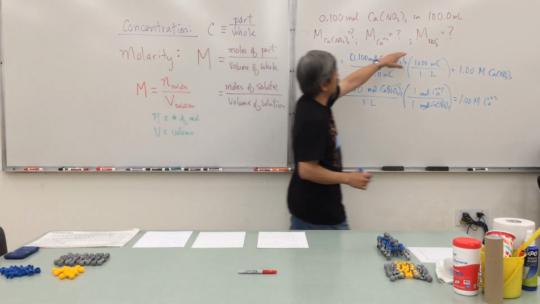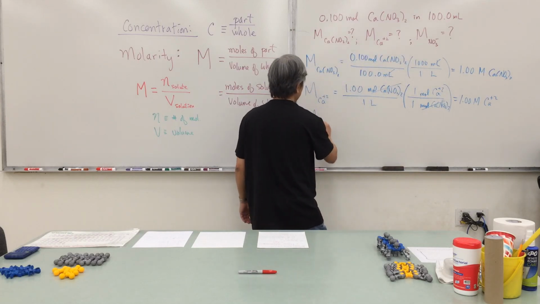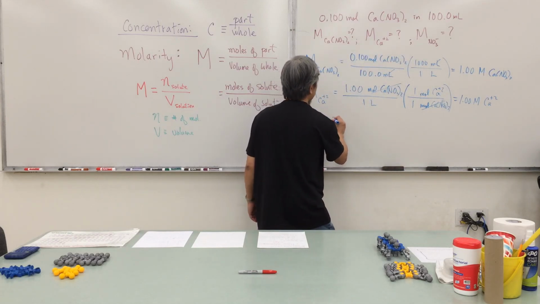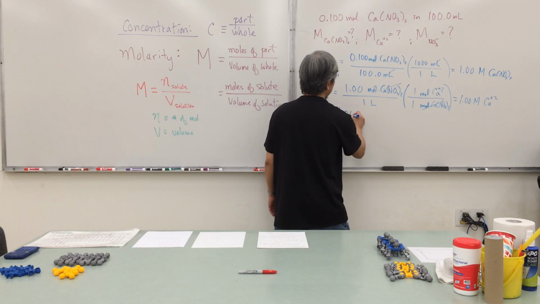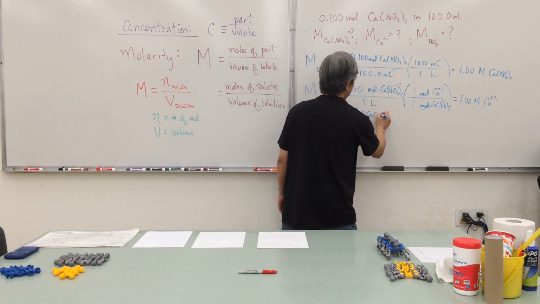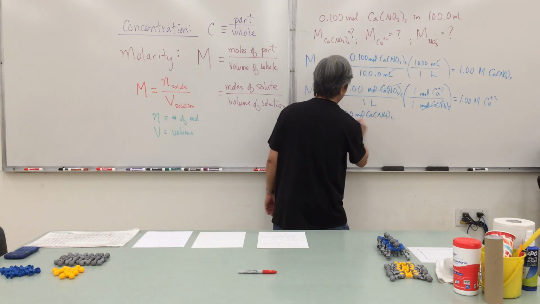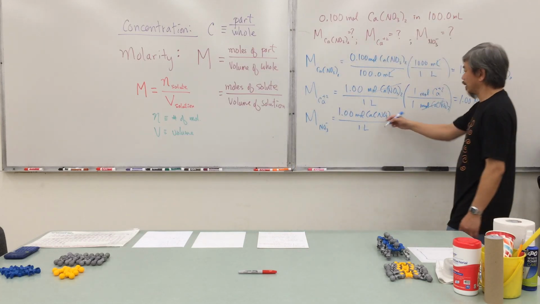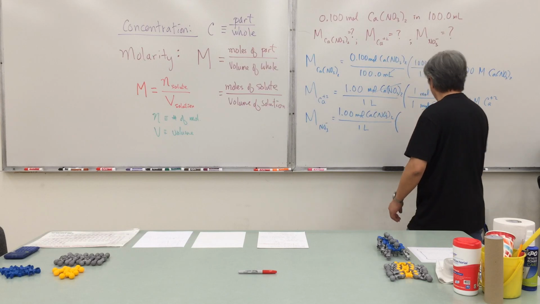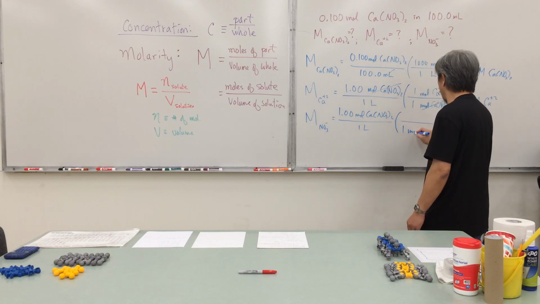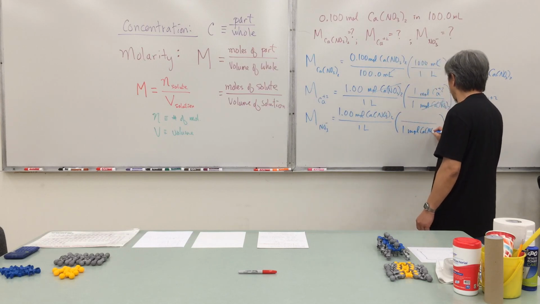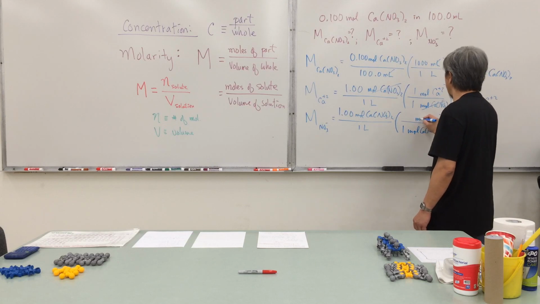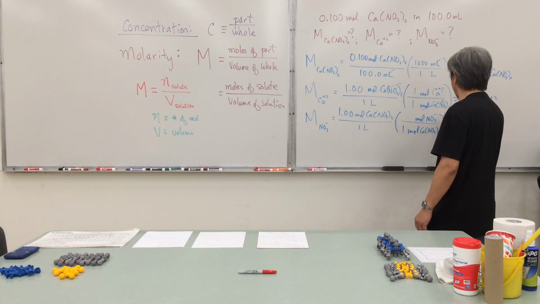The next step is to find this last one over here. For NO3 minus, you do the exact same thing: 1.00 moles of Ca(NO3)2 over 1 liter by definition. This is what we mean by 1 molar. Then we can do the conversion. For every 1 mole of Ca(NO3)2, how many moles of NO3 minus do I have?